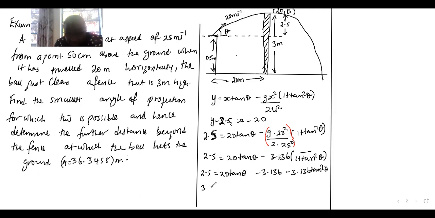Therefore, 3.136 tan squared of theta minus 20 tan of theta plus, when the negative 3.136 crosses over, it becomes positive, so it will give 5.636 is equal to 0. So that is what we have as our quadratic. So can we get the values of theta? Tan of theta is 1. Tan of theta is 2.